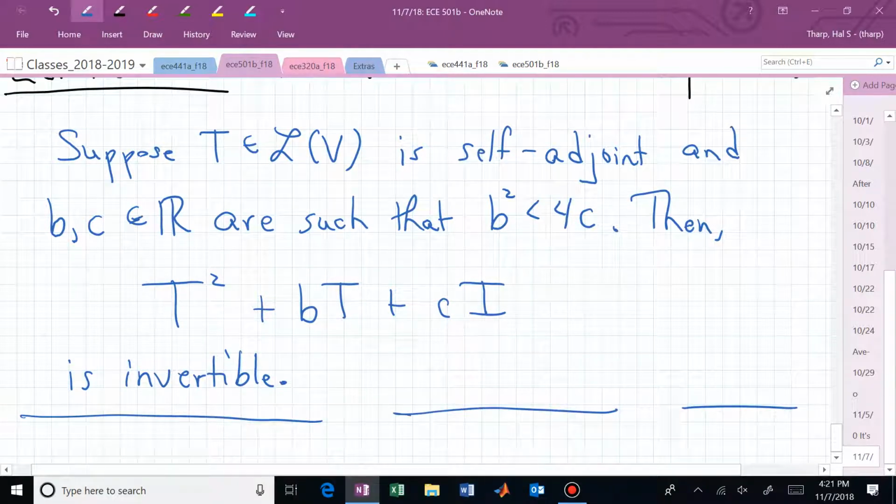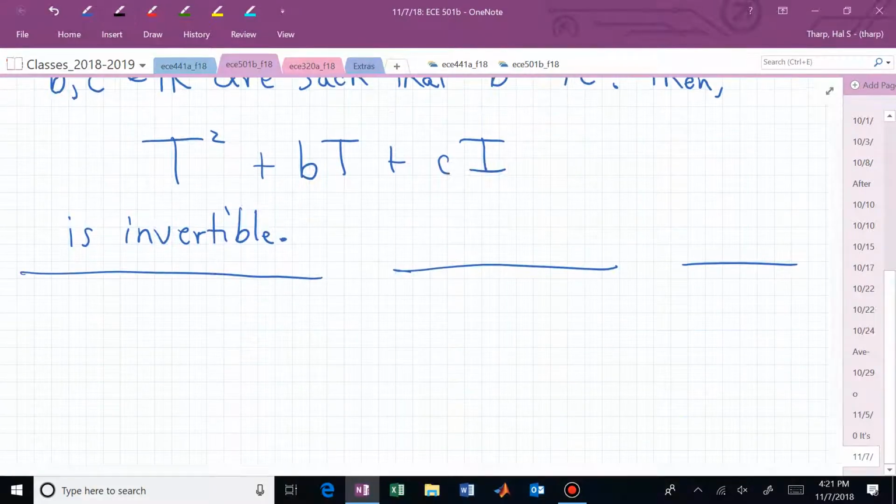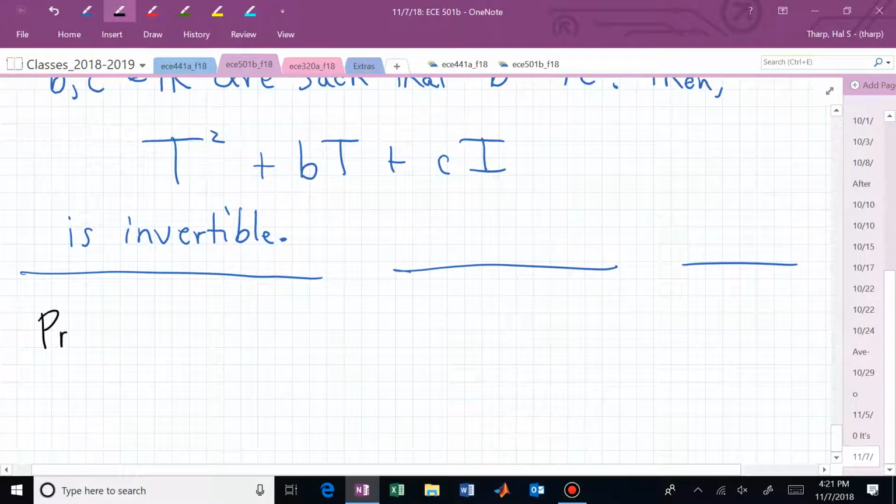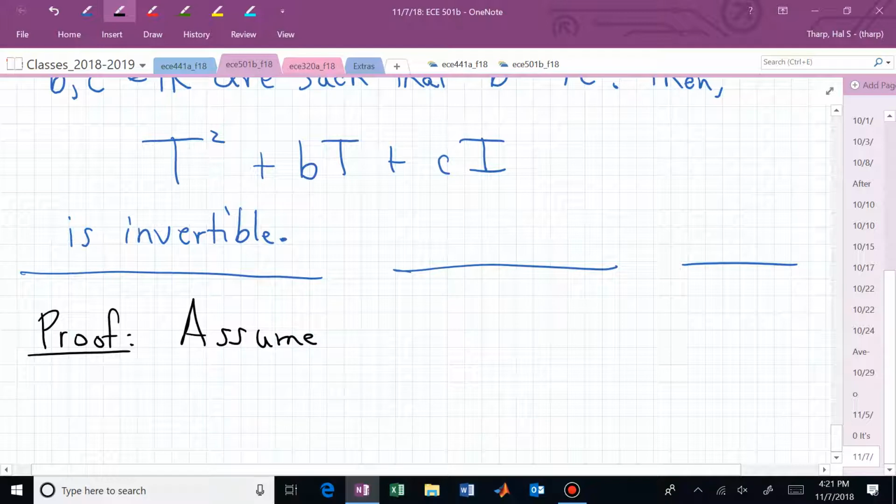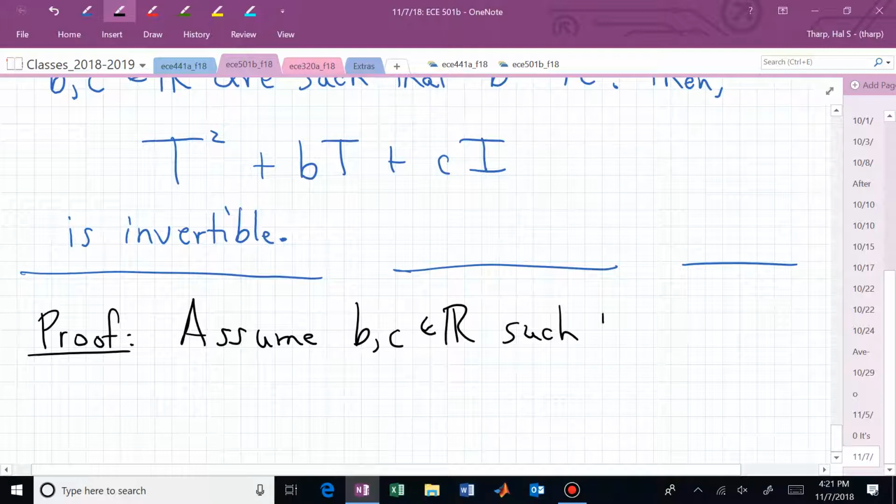And that's all because we can sort of think of these real numbers like self-adjoint operators. Let's now prove that. First, assume that we have B and C being these real numbers such that they satisfy the relationship that we need, which is B squared is less than 4C.